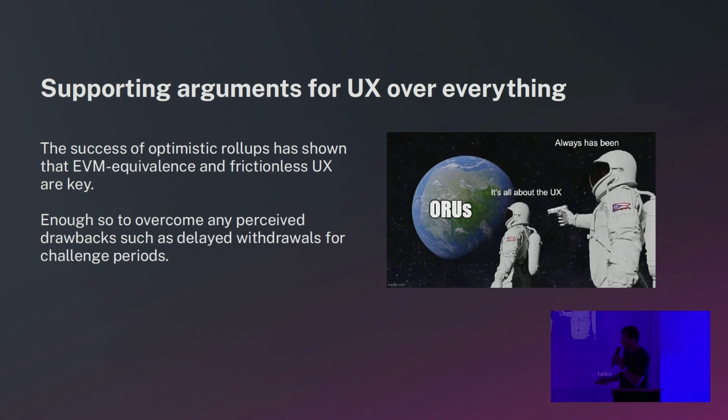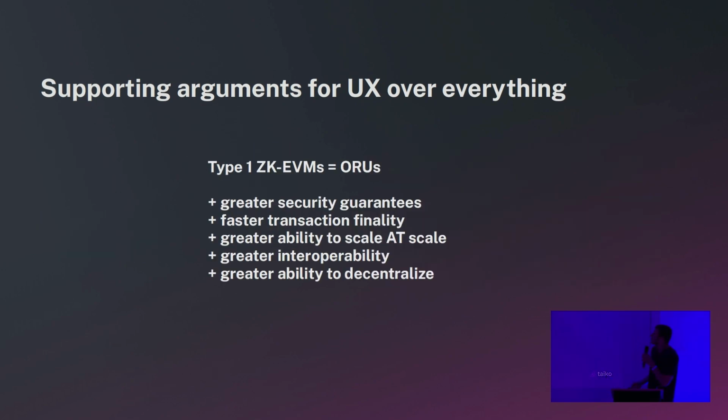So if we take that for granted empirically, then I like to think about type 1 ZK-EVMs as optimistic rollups in that they get to that perfect equivalence, perfect compatibility position, but then we get to add greater security guarantees from the use of validity proofs, and some other things: arguably faster transaction finality, not having to wait the 7 days but a much lesser time, greater ability to scale at scale, because of the nice properties of ZK rollups to amortize the proof verification cost when you pack in more transactions, greater interoperability, and greater ability to decentralize.